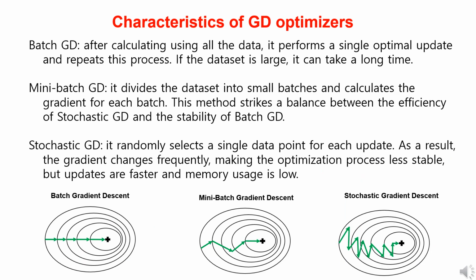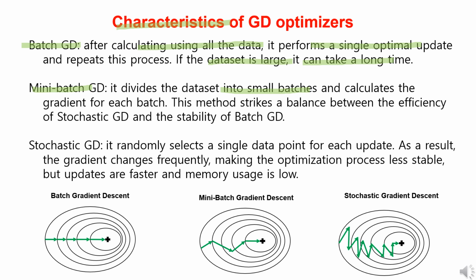Now, let's take a look at the characteristics of the batch, mini-batch, and stochastic gradient descent algorithms. The batch algorithm computes using the entire dataset and makes an optimal update once per iteration. Since it uses all the data, this process can be time-consuming, especially with large datasets. The mini-batch algorithm splits the dataset into smaller batches and calculates gradients for each one.